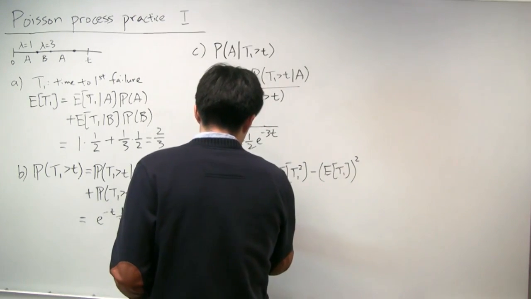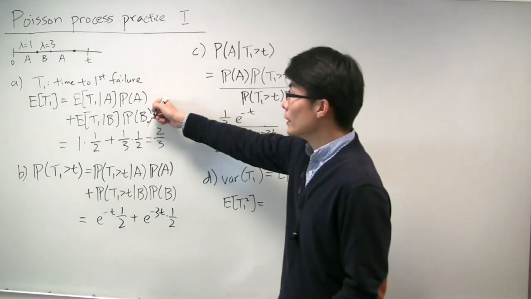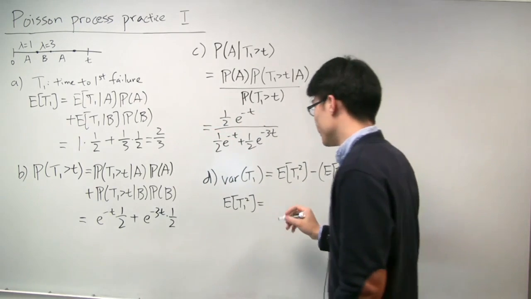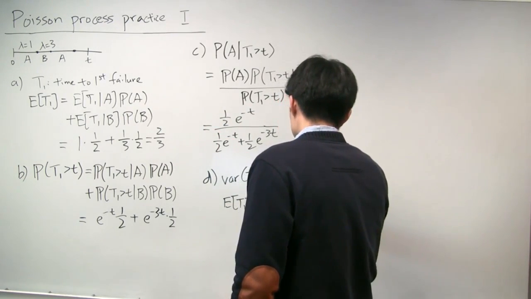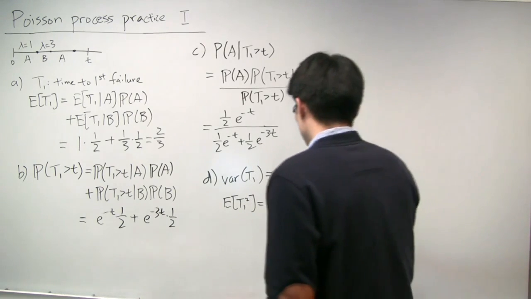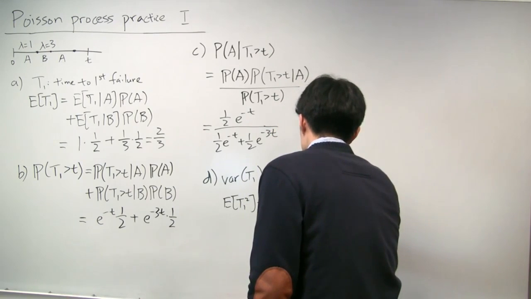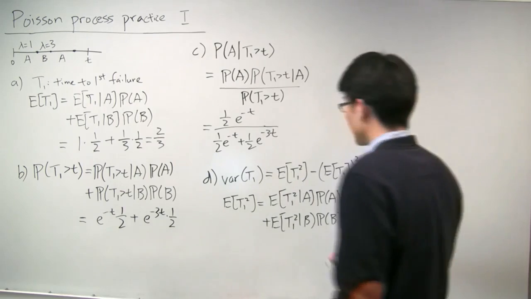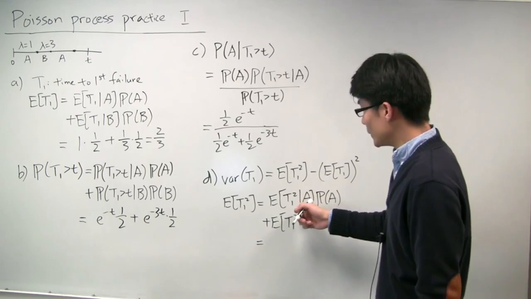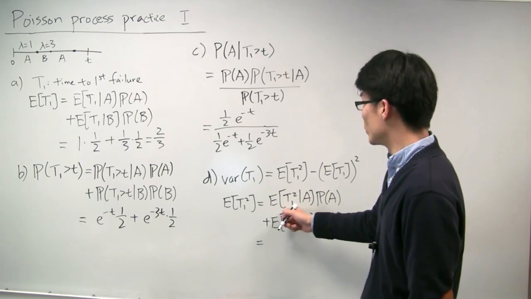Now, for the expectation of T1 squared, we can again use the same idea and break it up into the two cases. The first case is a type A bulb, the second is a type B bulb. So this is equal to the expectation of T1 squared given that it's A, times the probability that it's A, plus the expectation of T1 squared given that it's B, times the probability that it's B. Given that it's a type A bulb, T1 is exponential with parameter 1.